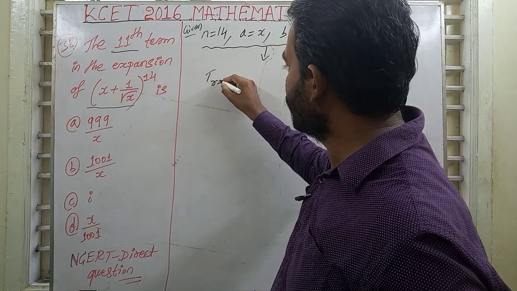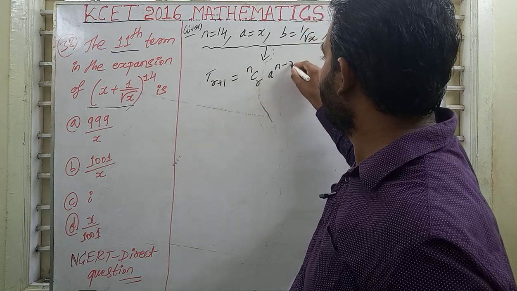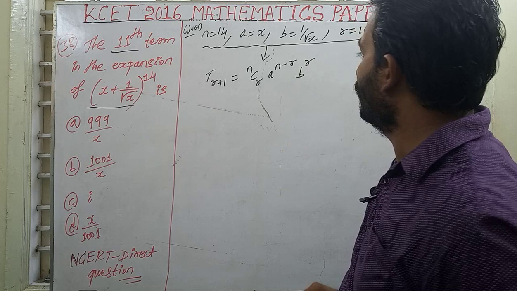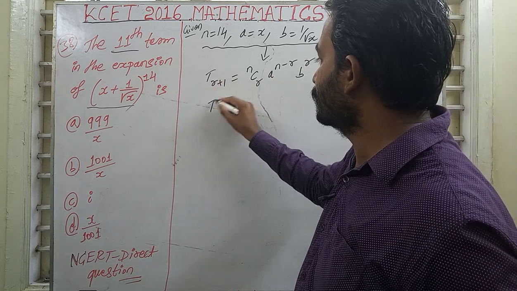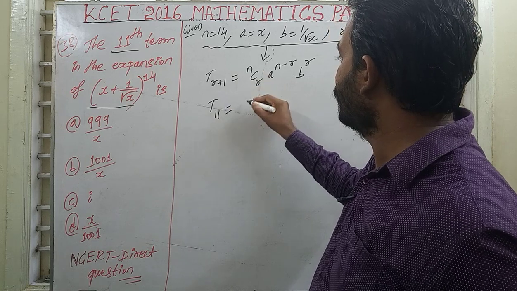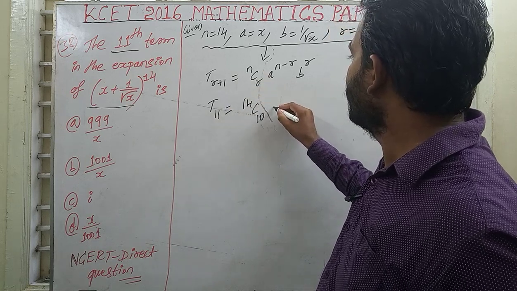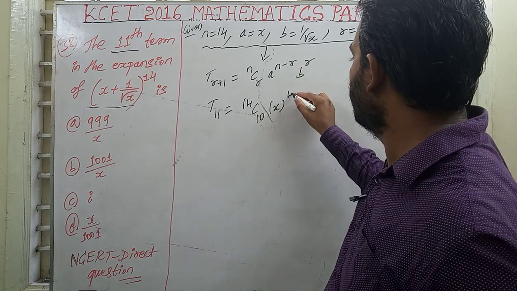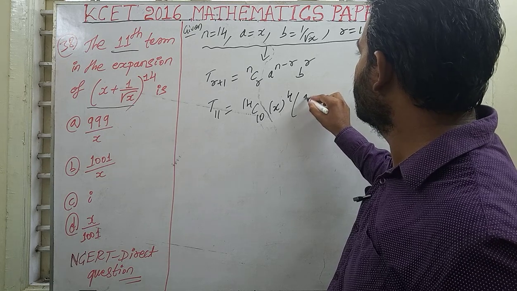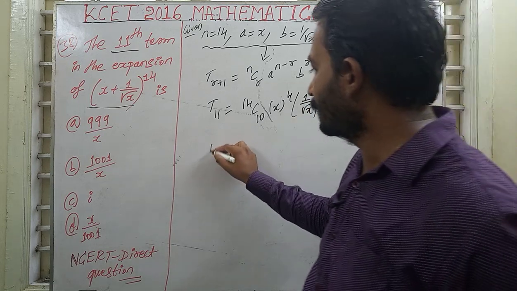The general term is T r plus 1 is equal to nCr, a to the power of n minus r, b to the power of r. We get the required answer. So r is 10, 10 plus 1 is 11, n is 14, 14C10, a x to the power of 14 minus 10, that is 4, into b is 1 divided by root x, to the power of 10. So now simplify this, we get the required answer.